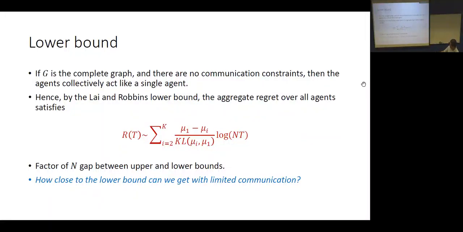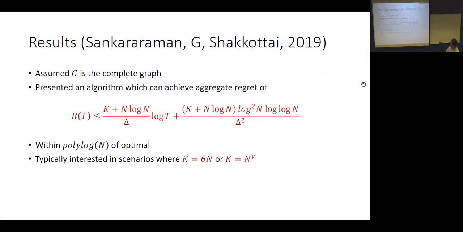The coefficient on the log t is essentially k over delta here. And then there's a constant term which is k log n over delta. So the coefficient on log t, instead of being k over delta, has become k plus n log n.